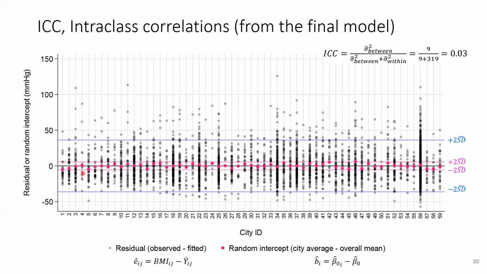I also superimposed plus or minus 2 standard deviations for the random intercept and residual. As you can see, the variability between cities, given by the variability of the random intercept, is much smaller compared to the variability of the residual, which shows the within-city variability. When we calculate the ICC, it's 0.03 for this example.